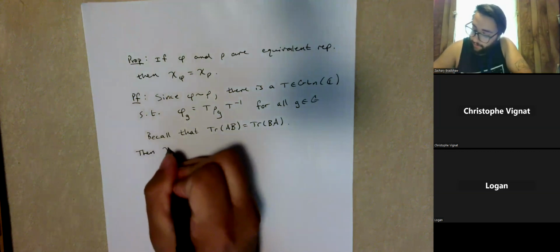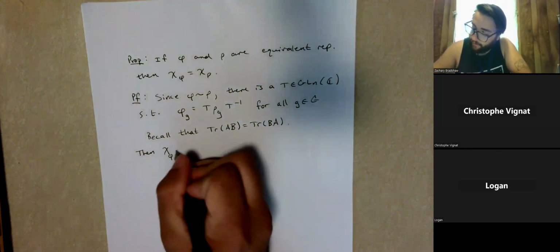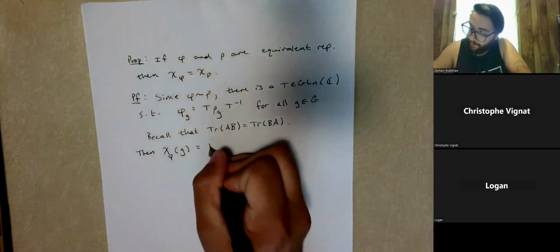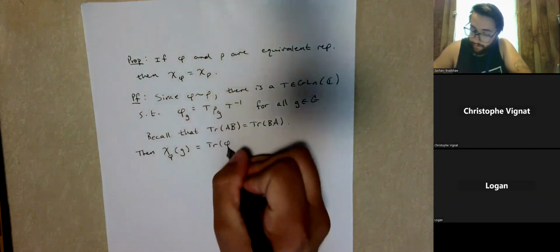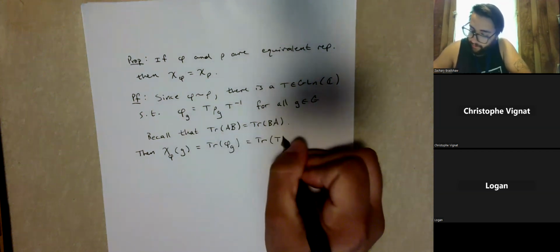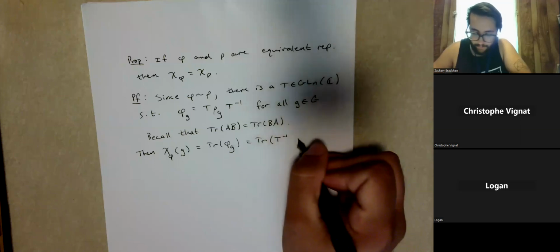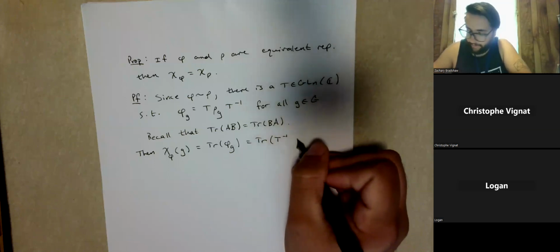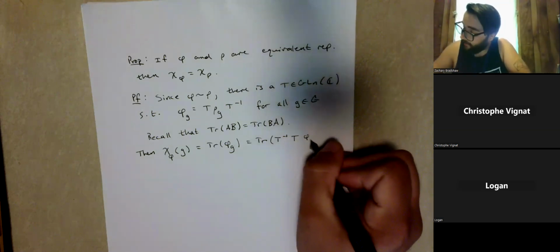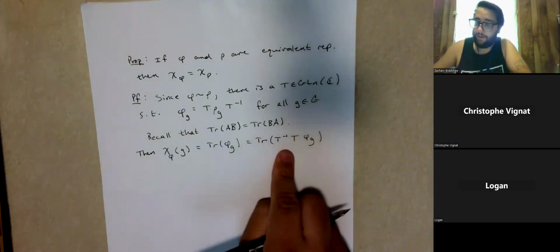Well, then the character of phi applied to g is equal to the trace of phi g, which is the trace of T inverse T phi g. So I've added in the identity here.